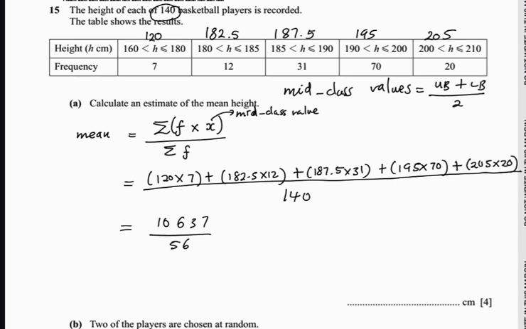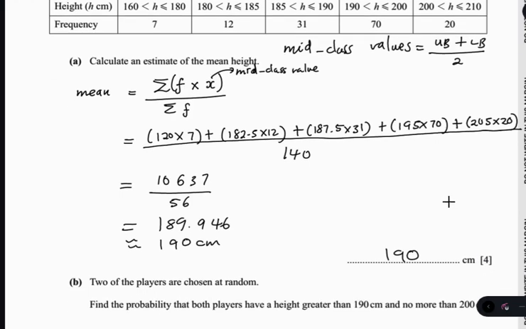Into a decimal, this gives me 189.946. Remember, our answers need to be to 3 significant figures. So in other words, this is approximately 190 centimeters to 3 SF. Alright, great. I hope you got this one right. Now let's move on to the next part.